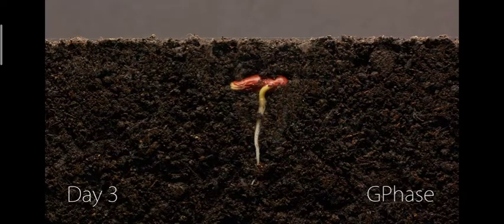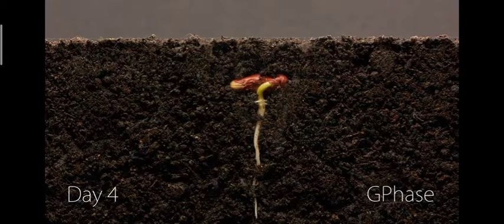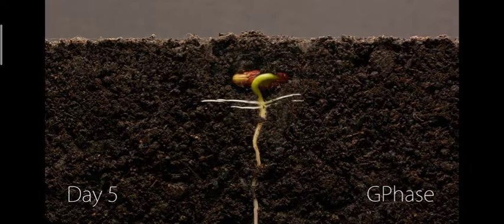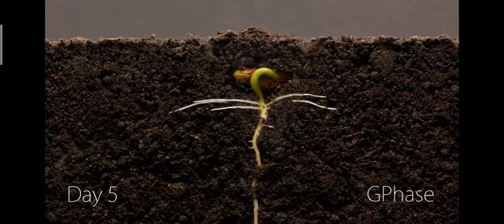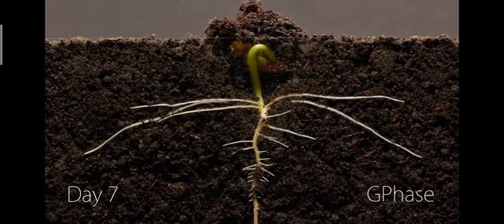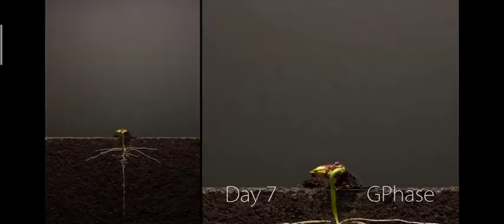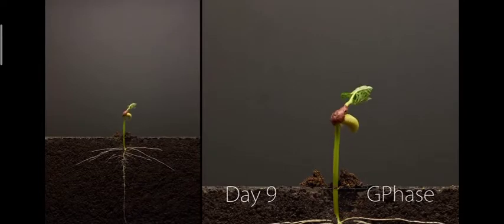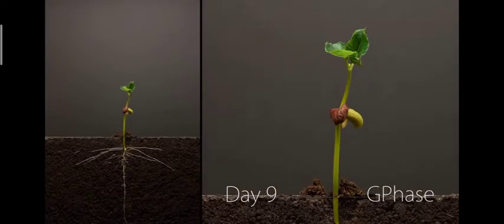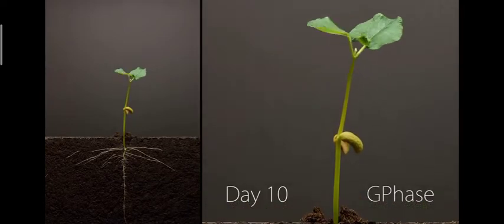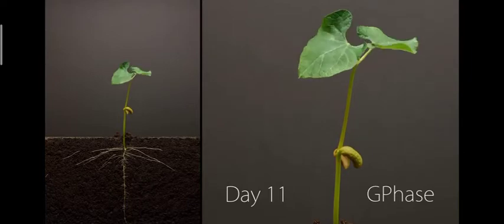You can see first it grows its roots, and then it gradually comes above the ground, and then its leaves are growing. You can see here, this is very beautiful. The leaves grow, and it gradually grows into the fully grown plant.